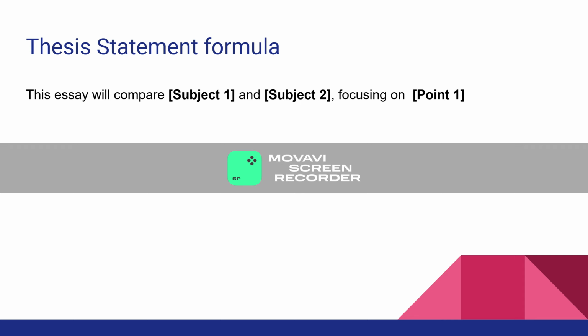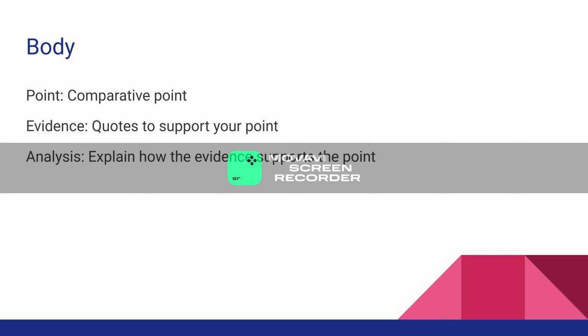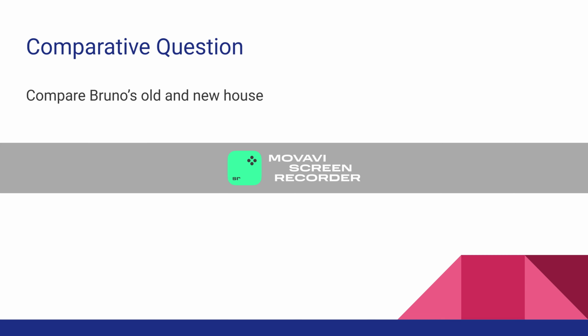To make things interesting, I have a question for you to practice. The practice question is, compare the first encounter of Bruno and Shmuel. I'm repeating it once again. Compare the first encounter of Bruno and Shmuel. I encourage you guys to come up with the outline as it was presented over here.